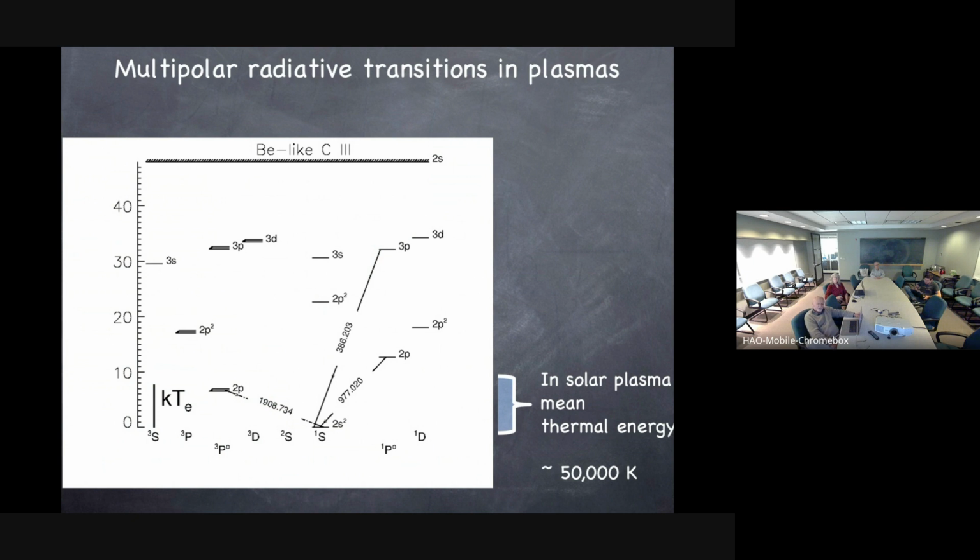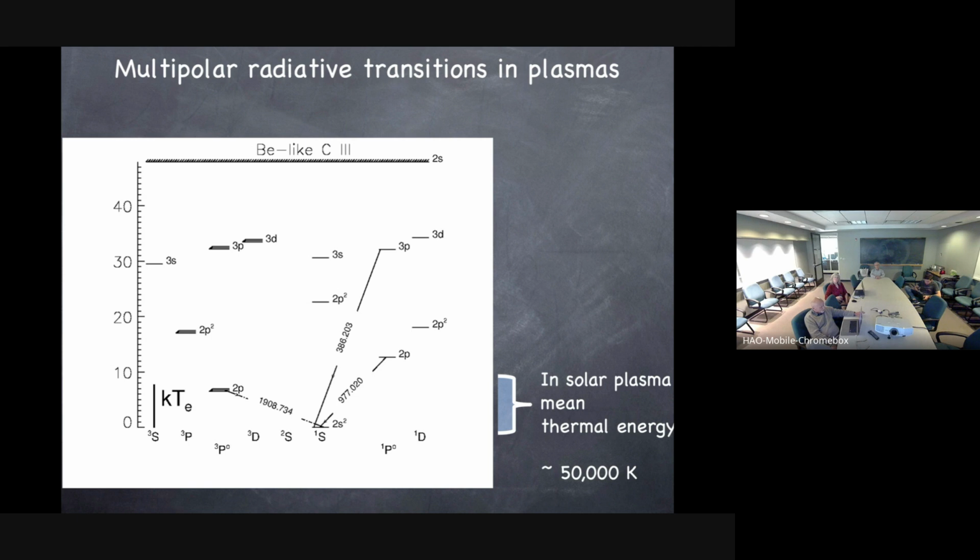The n equals 2 to n equals 2 transition would be completely the same level in hydrogen in the non-relativistic case. But now it's split because we've got multiple levels in the atom. Also, if you go up from there, you see 2p to 3p. That's a very much larger energy. We've got 3 times the energy by going from n equals 2 to n equals 3.